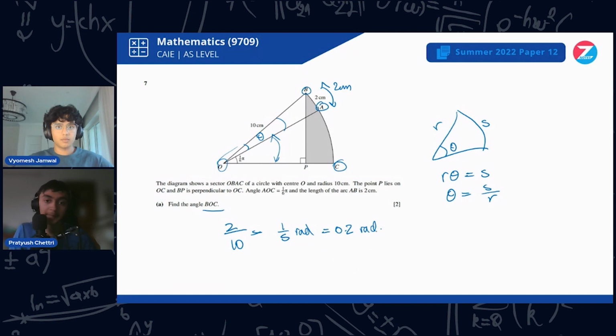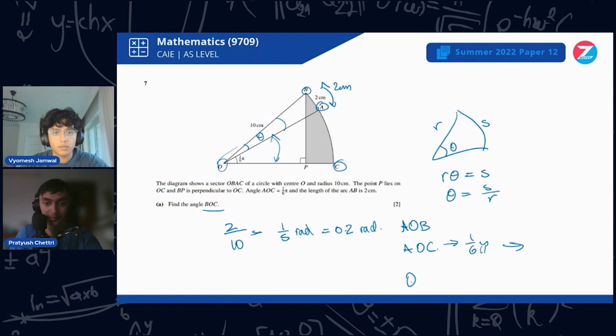That is AOB. Add to that our AOC, which is 1 over 6 pi. It doesn't say give your answer in exact form, so I'm just going to do 3 SF, let's say.